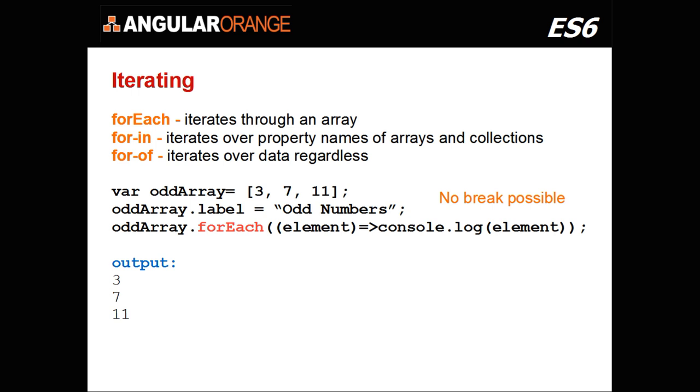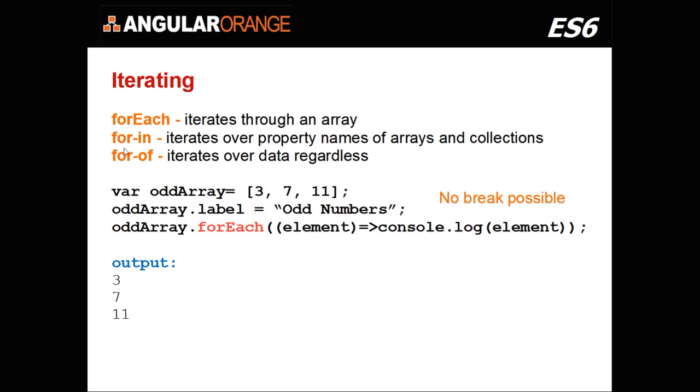Then you could take the odd array and forEach, use a fat arrow function expression to take each element and log it. Basically, what you'll see is output 3, 7, 11. In other words, it doesn't interrogate all the properties. It looks at the array values. And there's no break possible with the forEach.